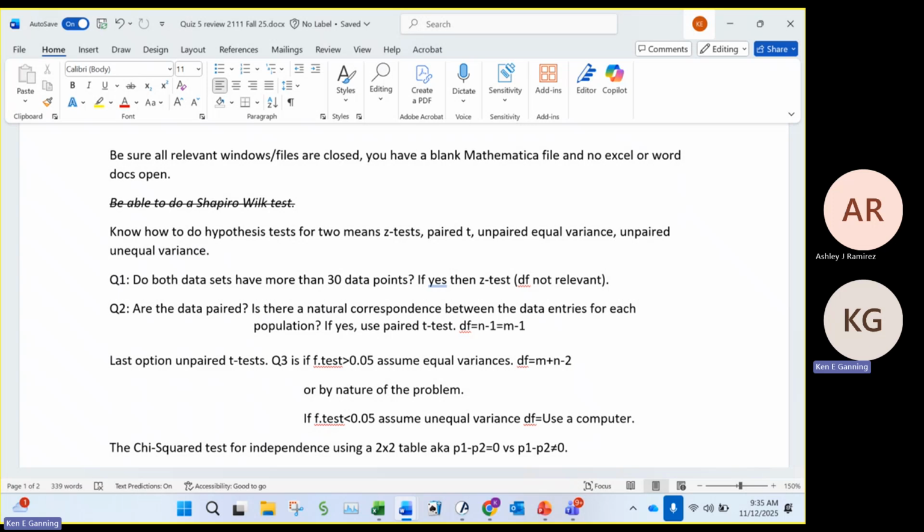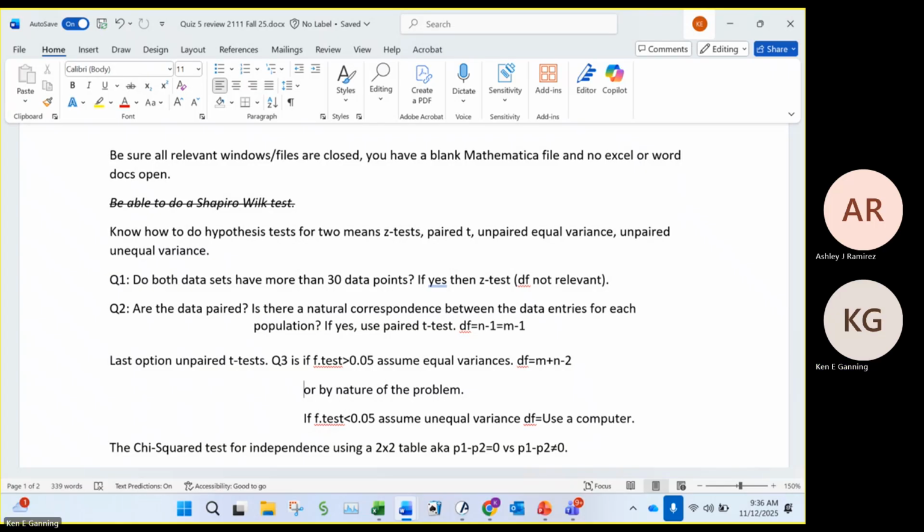If the nature of the problem compels you to believe in equal variance or unequal variance, you do that. But if the nature of the problem doesn't tell you either way, then we're using an F-test. If equal variance is reasonable, we'll assume equal variance. If equal variance is unreasonable, we will not assume equal variance. And we will do that using the f.test command.